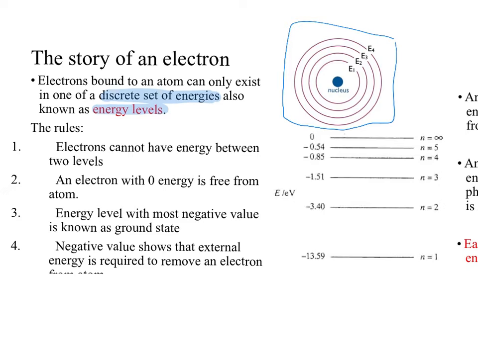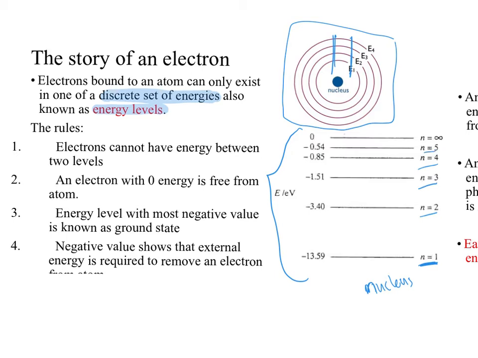Now, if I were to redraw this diagram and just focus on one of its features, it would look like this. So this is where the nucleus will be. And I can represent the energy levels that way. So the one closest to the nucleus, we call it n equals 1, then n equals 2, 3, 4, 5, and so on.